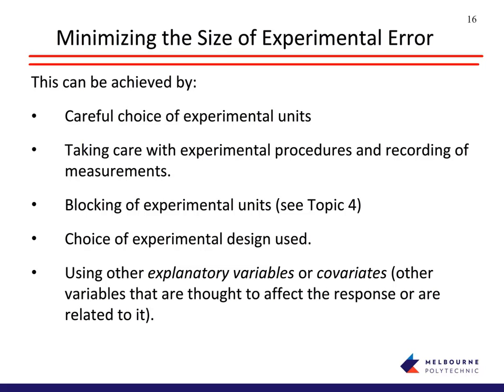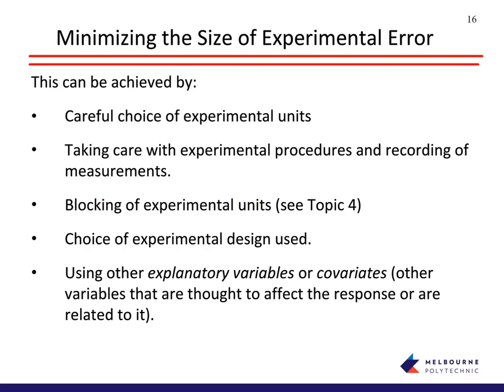From the experimental design point of view, an important consideration is the choice of experimental units. We make sure that the experimental units we use are as homogeneous as possible, so the environment for which we're conducting the experiment is as homogeneous as possible.